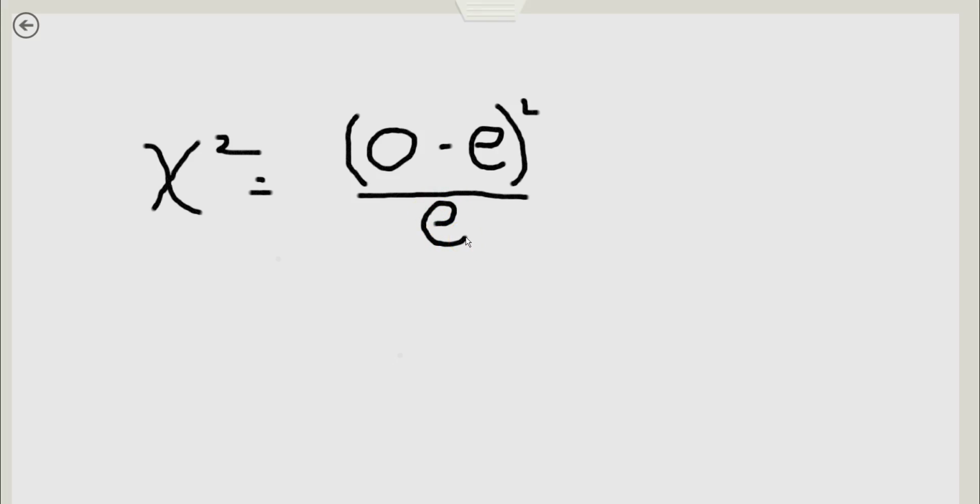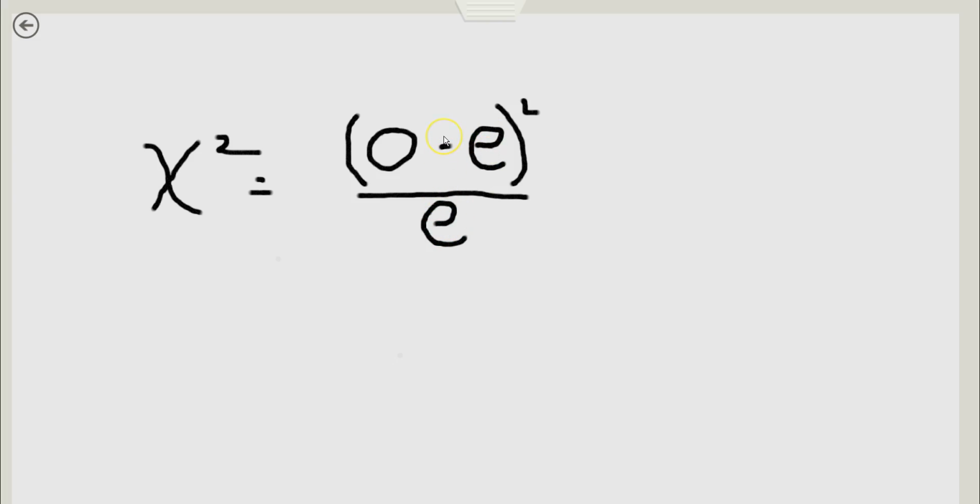The reason we divide by the expected value is that it turns out these counts are Poisson distributed, and Poisson has the convenient characteristic that the mean and variance are equal to the same thing. So this is not only the mean, it's also the variance.